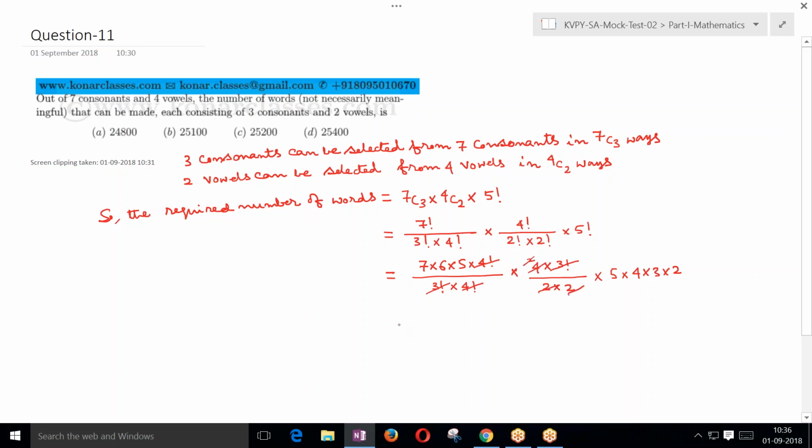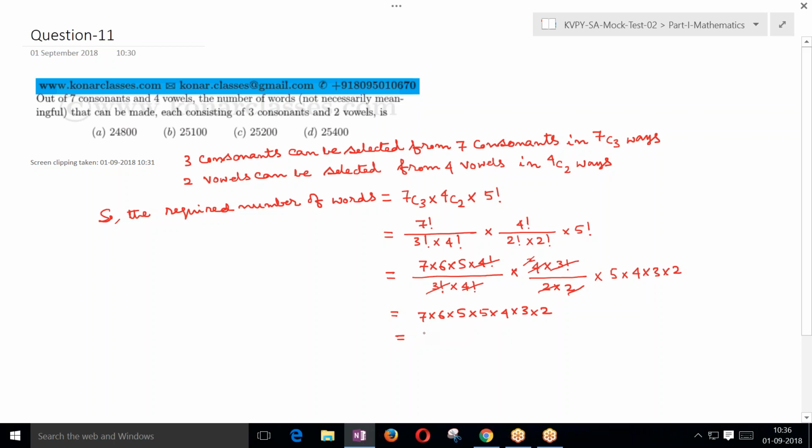Then what are we left with? We are left with 7 into 6 into 5 into 5 into 4 into 3 into 2. That is equal to 7 into 6 into 5. Better to multiply 5 into 2, 10, 5 into 4 into 3 into 2 is 120, 120 into 6 into 35.